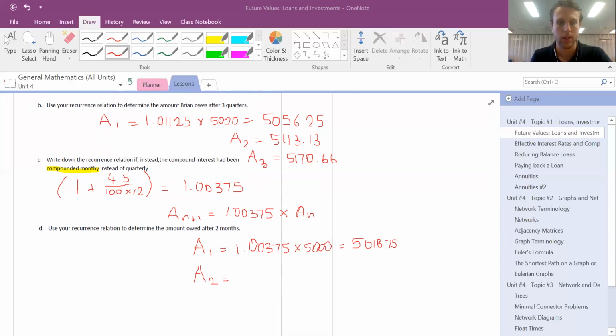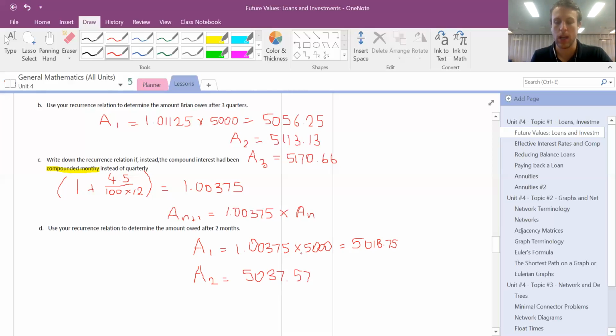It won't be after we multiply it by the common ratio again, giving 5,037.57.